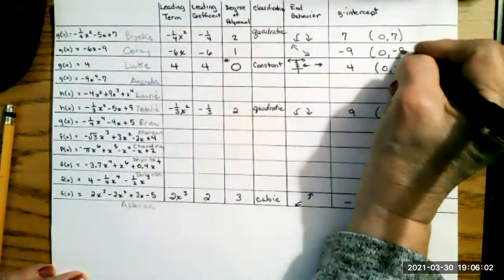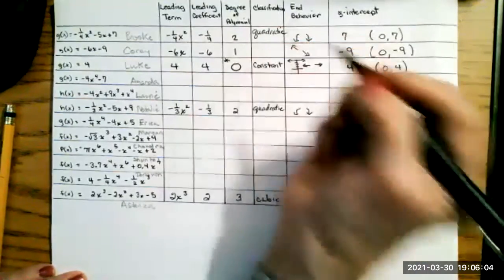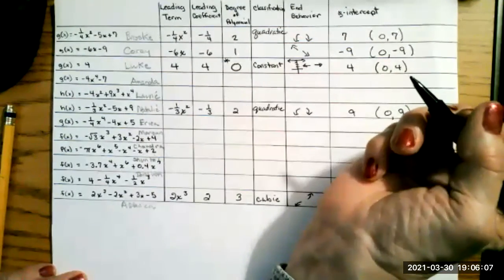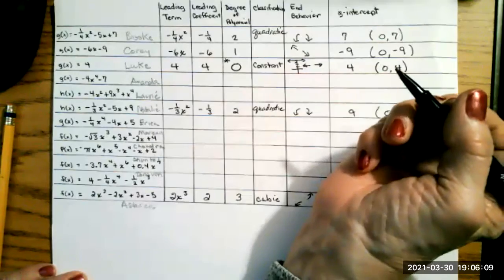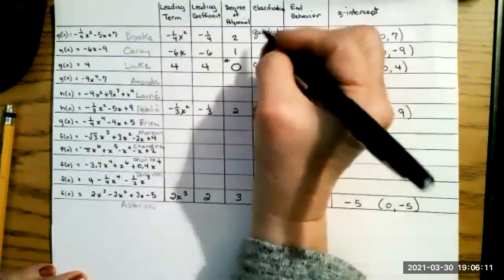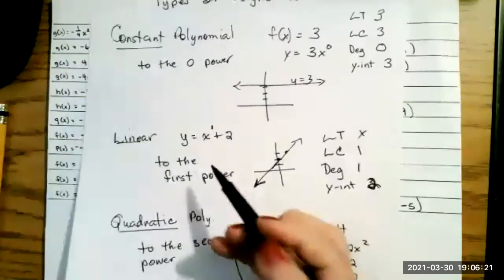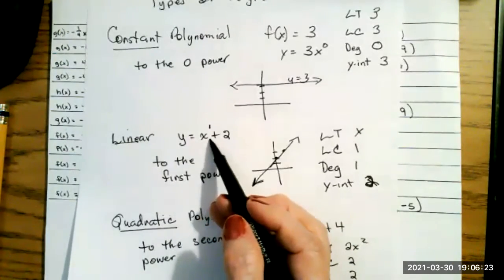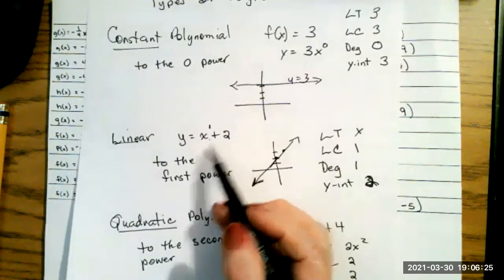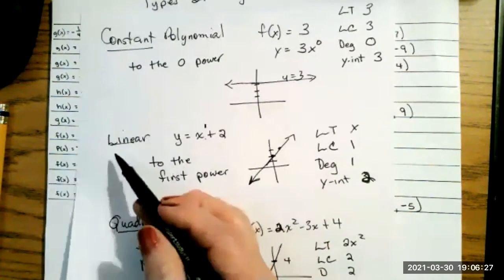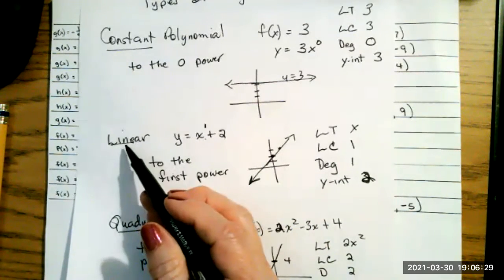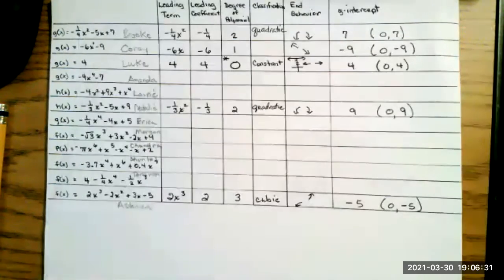So that's 0, negative 9. Now you need to classify it. I can't remember what it would be called. It's to the first power. So if it's to the first power, right here, y equals x to the first plus 2 to the first power, is called linear. Oh, linear.